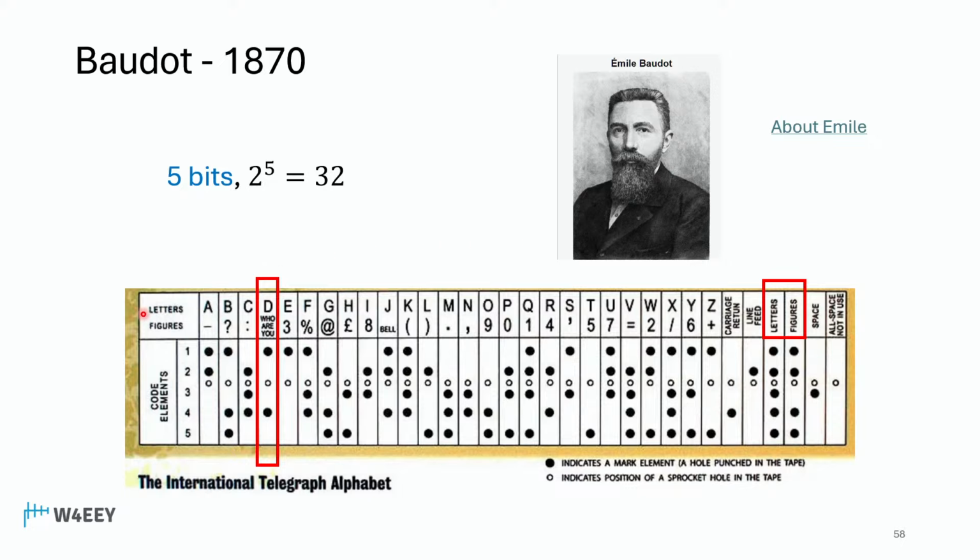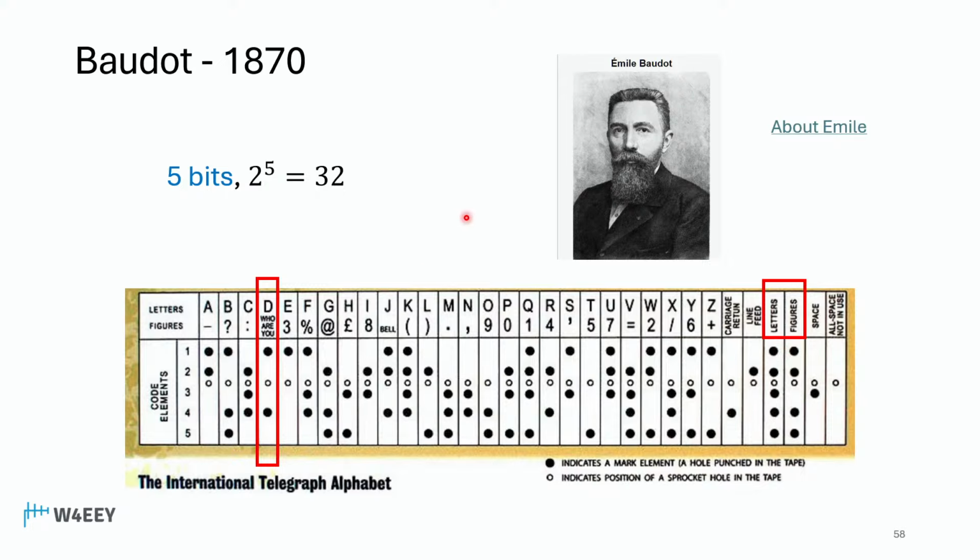So a couple of things here. If you've got 5 bits, how many states could that represent? We saw from our finger example that you could only come up with 32 different unique values with 5 bits. But they had a very ingenious approach to how they used this, in that they had a shift code between letters and figures.